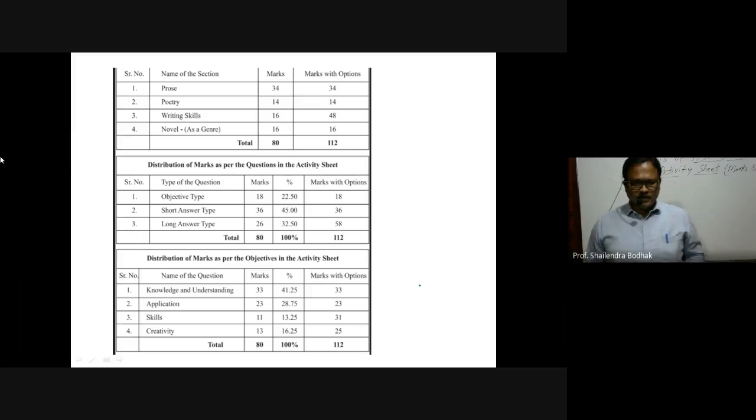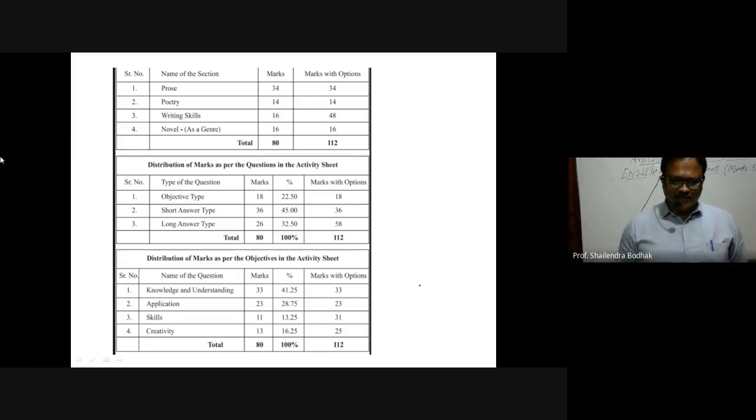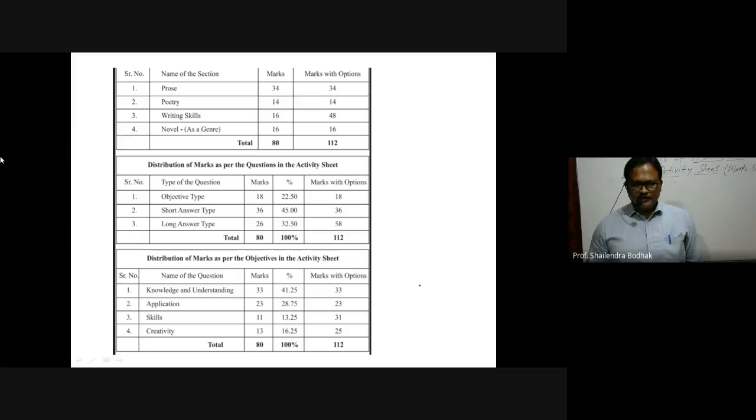Now, before I begin to analyze the format, first I will tell you the distribution. Okay. Now, if you look at this slide, you'll find prose section, it is for 34 marks. Okay. And marks with options 34. Poetry 14, marks with options 14.